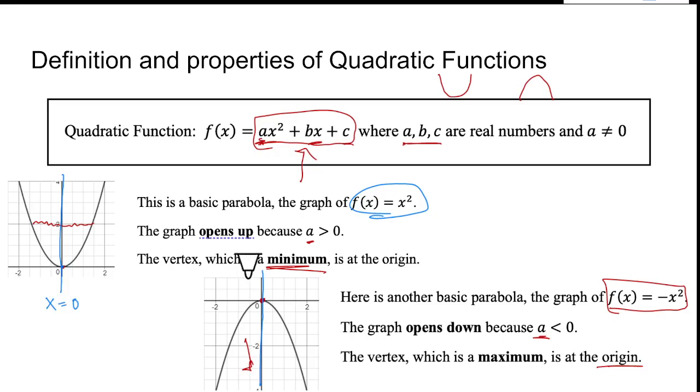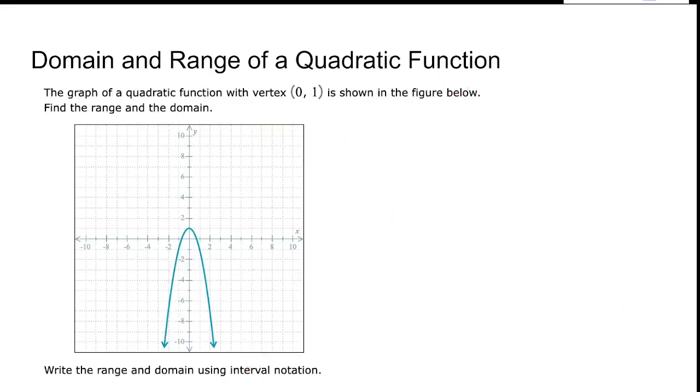That's the vertical line. X equals 0 is what we call the axis of symmetry. So that will be another thing that enters into our discussions of quadratic functions.